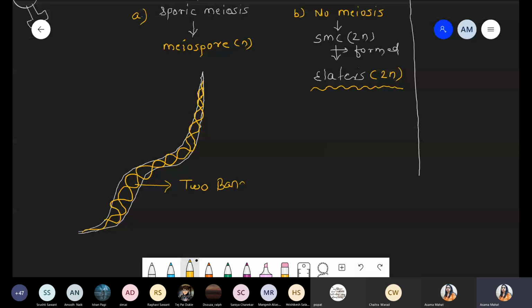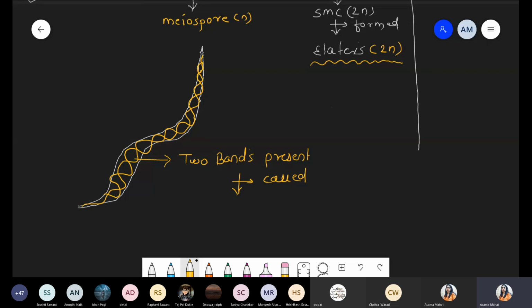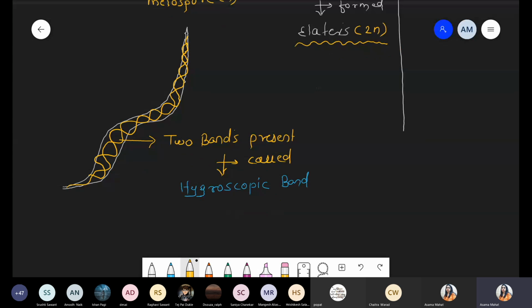Two bands are present, and these two bands are simply called the hygroscopic band. Whenever we are talking about hygroscopic band, definitely these are water loving.